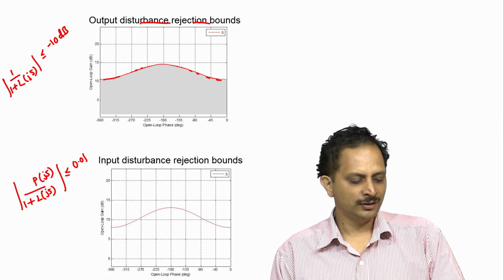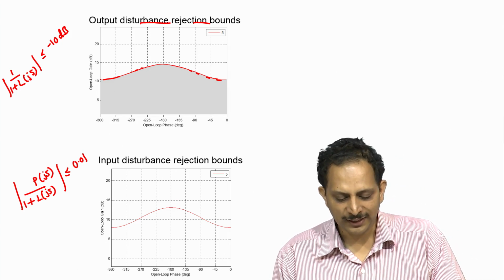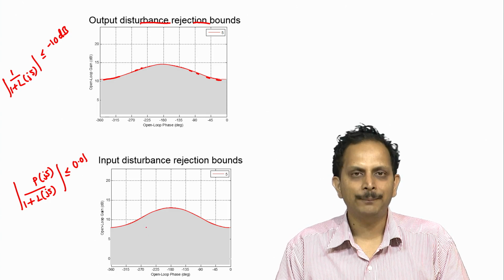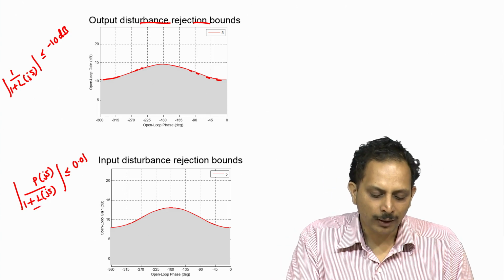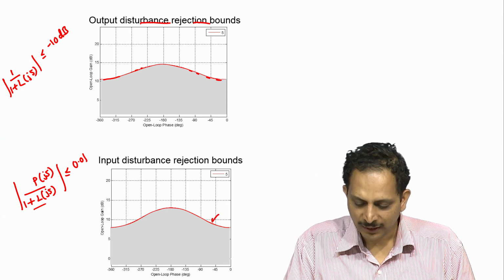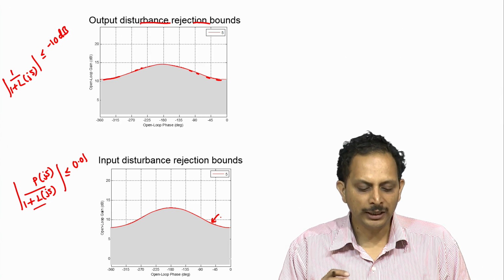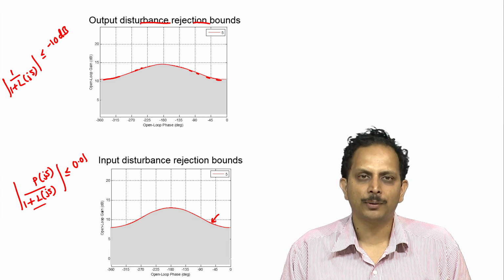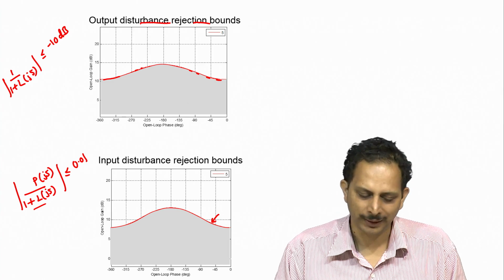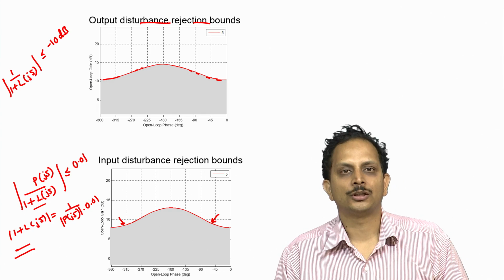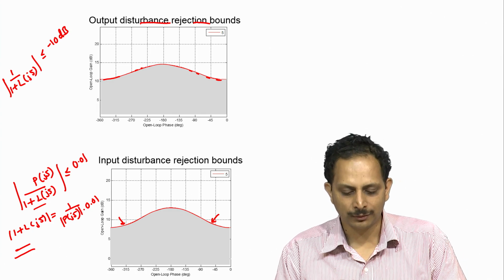In other words, if the loop gain lies anywhere in this part that has been shaded grey, then this inequality will not be met. Hence, this red curve essentially represents the boundary of the region which ensures that this performance specification is just met, and it demarcates the complex plane into two halves once again.